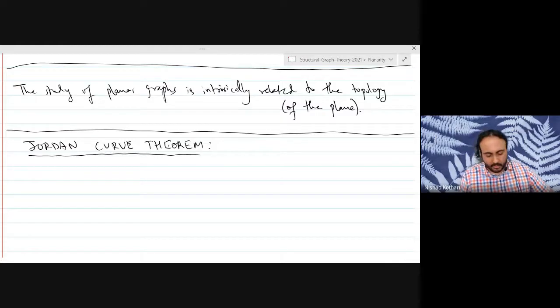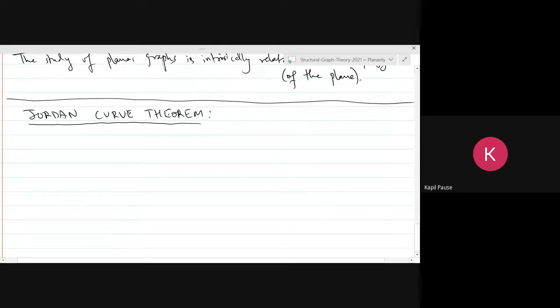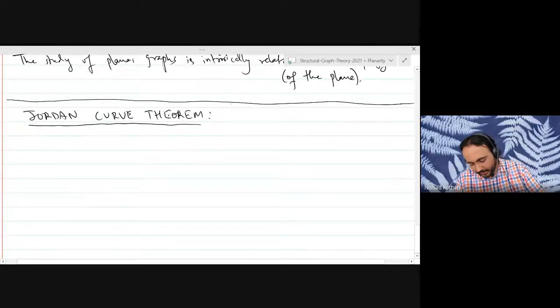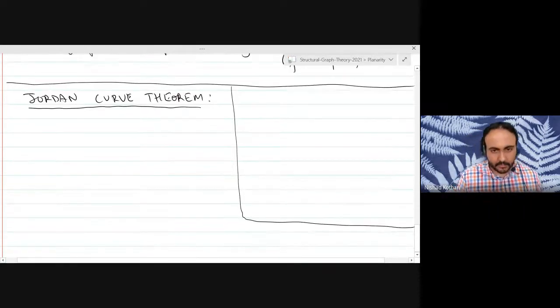Basically, a closed curve which is not self-intersecting divides the plane into parts. Right. So we will need the Jordan Curve Theorem, which we will not be proving because this is not a course in topology. We will just be using it whenever we find it useful.